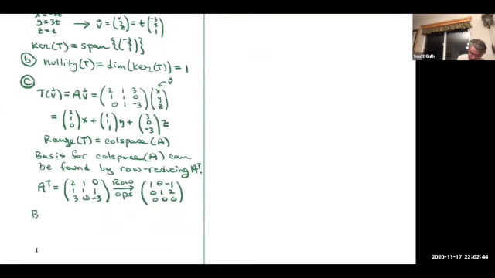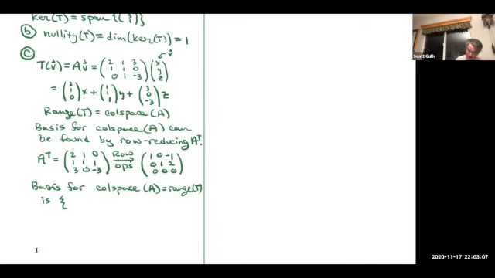So the basis for the column space of A, which is the range of T, is just the row vectors, which I will turn into column vectors again. So we'll do 1, 0, -1, and 0, 1, 2. Those will span the column space.